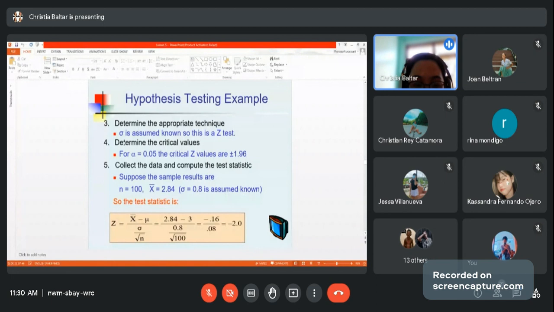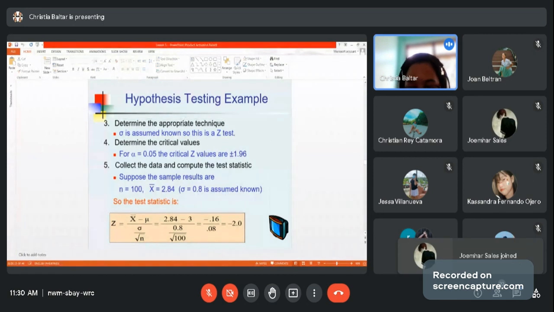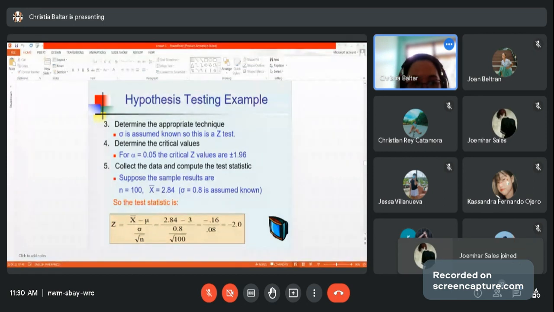Take note, it's a z-test because sigma, the population standard deviation, is known. So where can we find this plus and minus 1.96? Basically, it's in the z table.